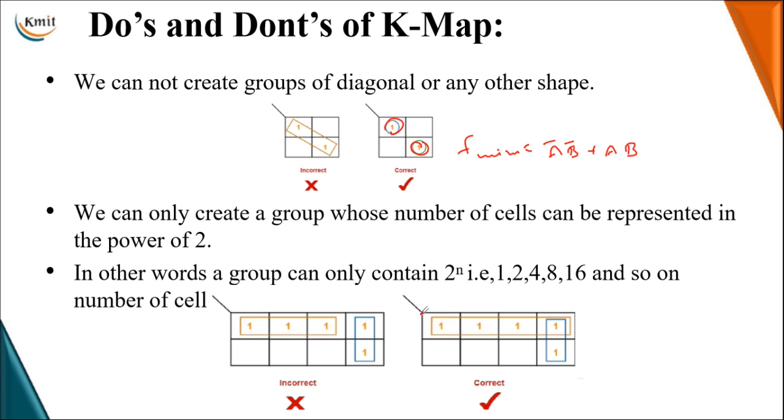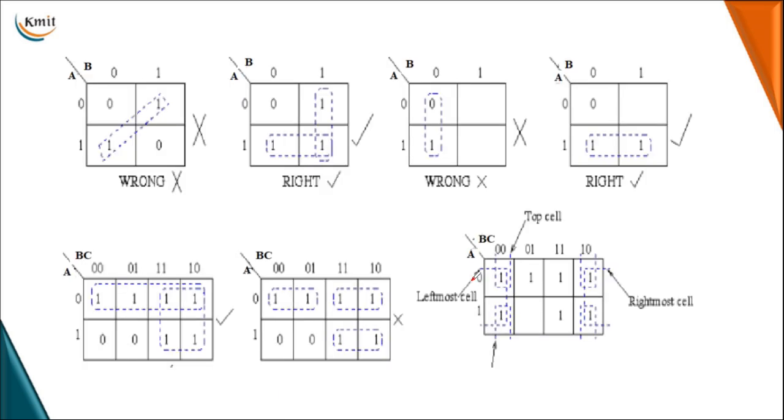So here, since 0 is adjacent to 1, 1 is adjacent to 3, 3 is adjacent to 2, and 2 is also adjacent to 0, we can form a quad, a group of 4-square adjacency. And in order to cover the uncovered minterm, I am going to use an already covered minterm. So this is the correct way of grouping your squares into a big one.